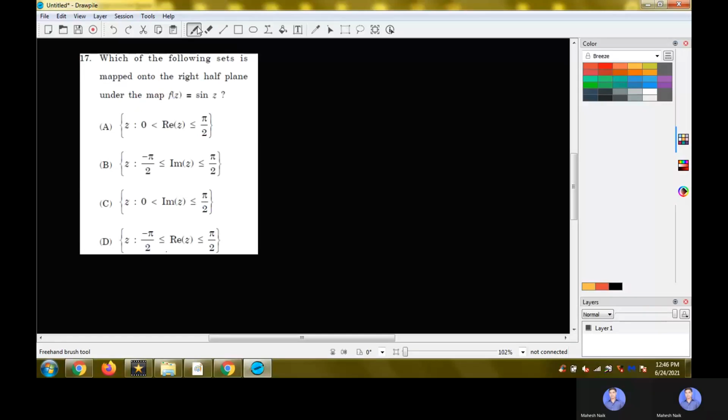Okay, so here we have f of z equal to sine z. Replacing z with x plus iy, we can rewrite the same thing as sine x times hyperbolic cos y plus i times cos x times hyperbolic sine y.